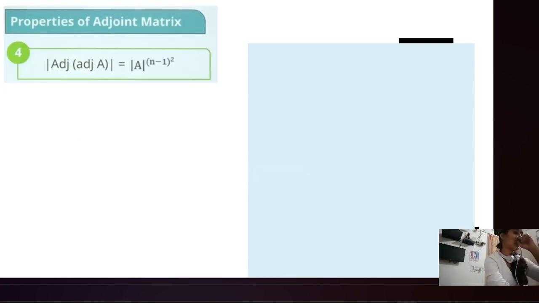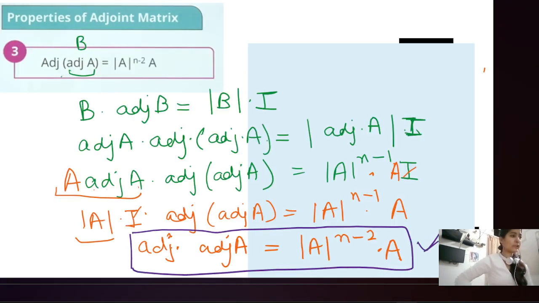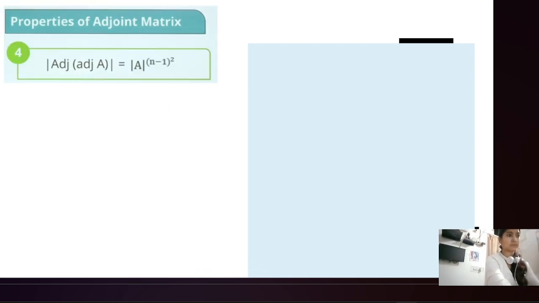What is the next property? The next property says that if we find the determinant of adjoint of adjoint of A, we get determinant of A raised to the power n minus 1 whole squared. Okay. So for that, we have already proved a property, and we can use it to prove this one. Right.